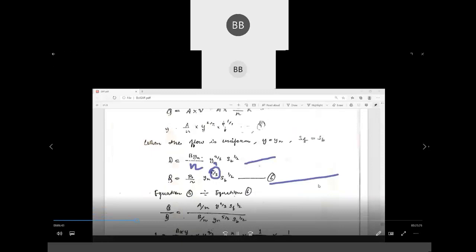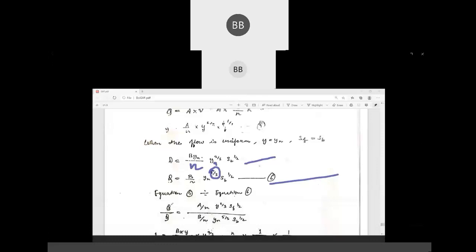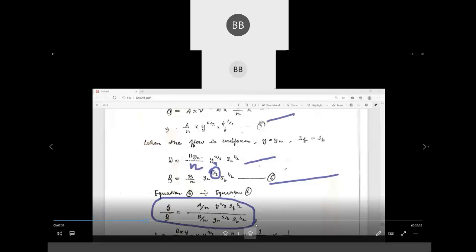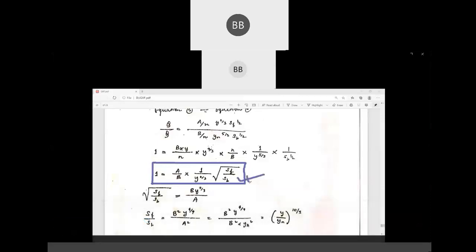Now we have to divide equation 5 and 6. So you'll get q by q, and if you divide these equations, this is y to the power 2 by 3 and root over sf divided by sb. Finally we get an expression for sf by sb.